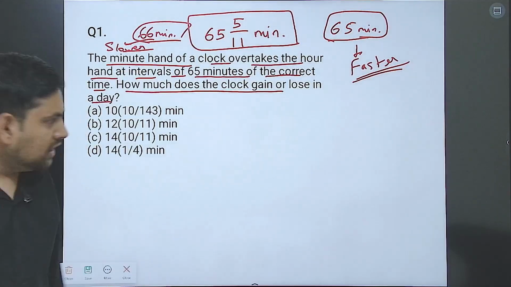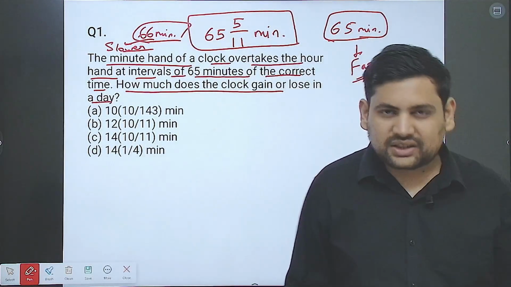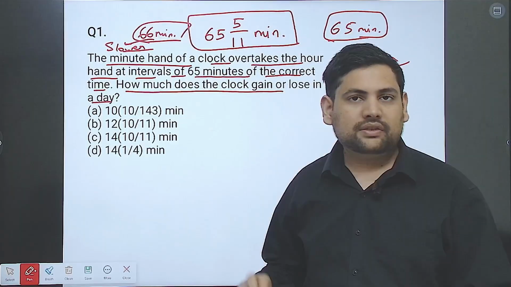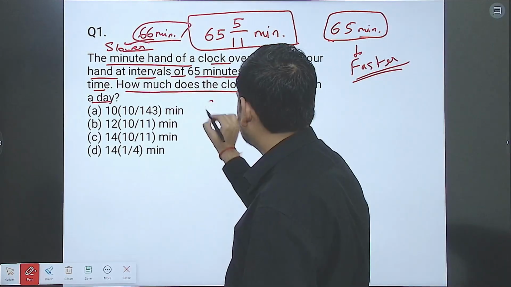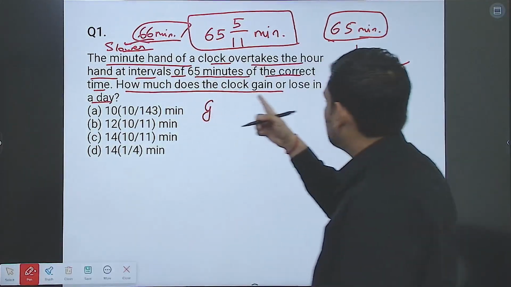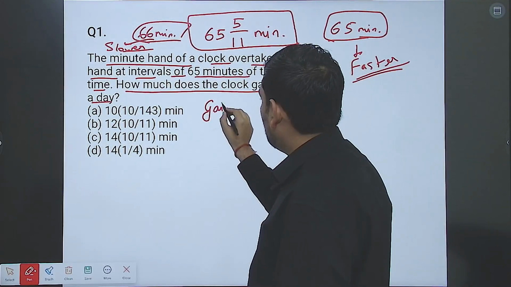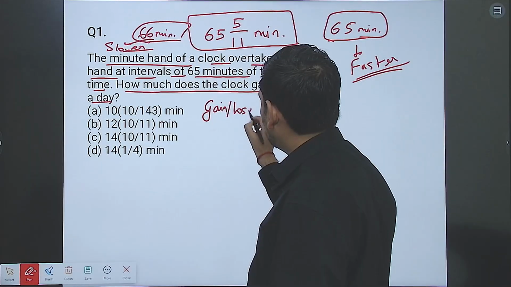Now this understanding is important, when you are getting it faster and when you are getting it slower. Now it asks how much the clock gains or loses. So how do you calculate gain or loss? You can use this formula directly.